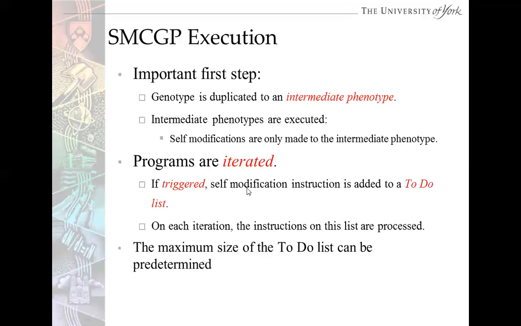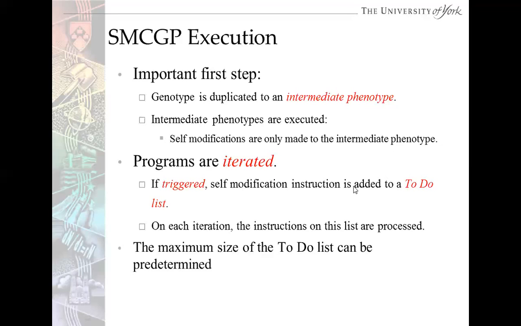Now, how do you add self-modifying instructions? Well, we have a process called triggering. I'll come on to that in the next slide. But the other thing is that you have a to-do list, so you don't actually have to obey all the self-modifying instructions in an intermediate phenotype. You might decide that my to-do list has only got 3 instructions, and I'm only going to obey the first 3.